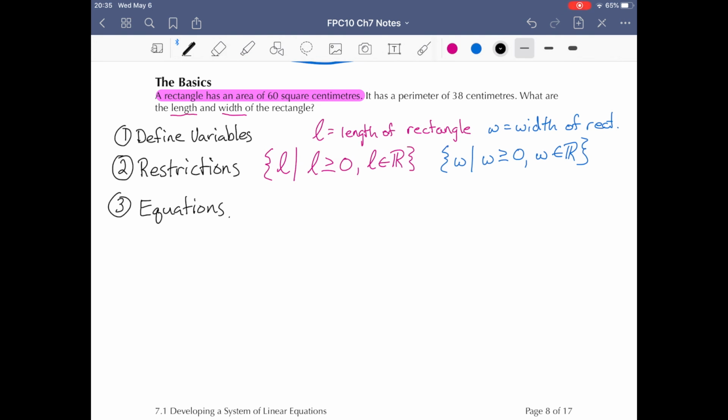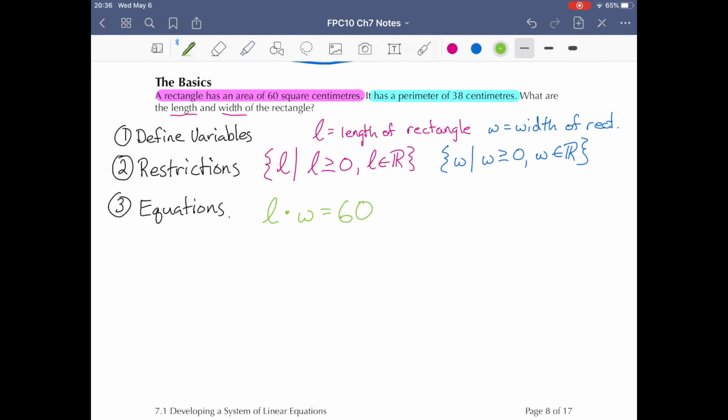So we are going to get this equation. Length times width is equal to 60. That's equation number 1. Now, our second equation is going to come from this part right here. It has a perimeter of 38 centimeters.